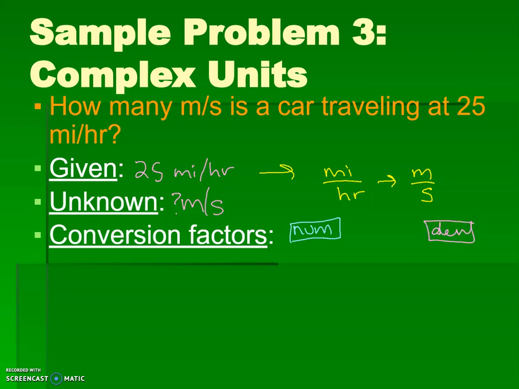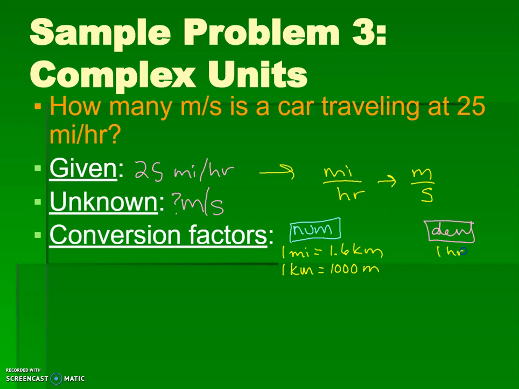All right, so what are my numerator ones? My numerator ones are miles and meters. So I have 1 mile is equal to 1.6 kilometers. I know that. And then I know that 1 kilometer is equal to 1,000 meters. What about denominators?